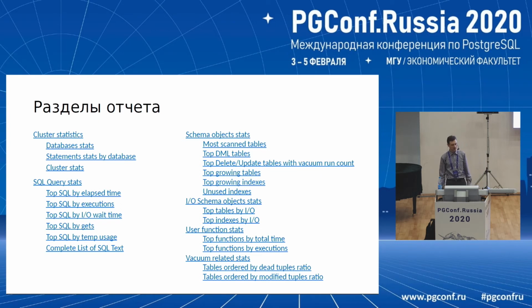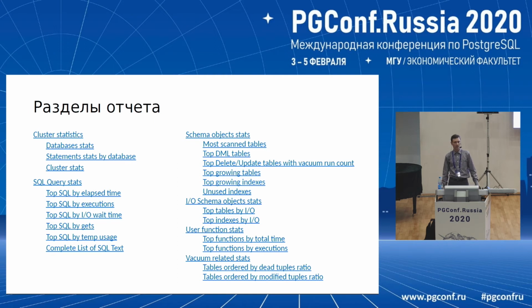SQL query stats is what we take from pg_stat_statements, sorted in different ways: by elapsed time, by execution, by I/O wait time, also by blocks read from pages, by temp, so anything you can take from pg_stat_statements. I will show you the complete list of SQL tests later.